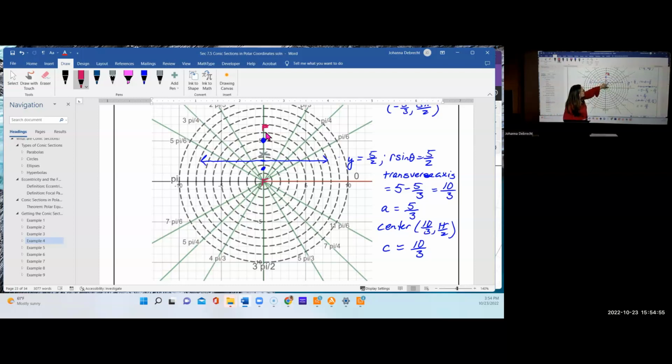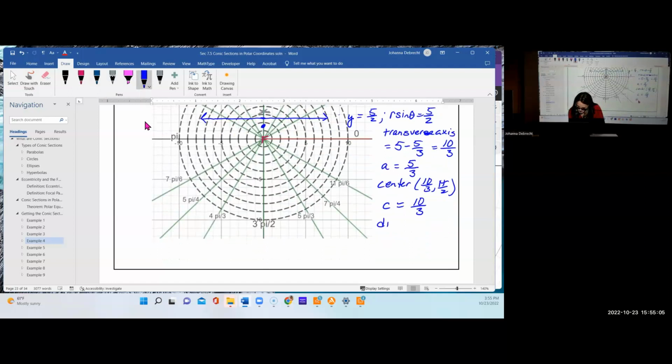So I'm going to use the center. The line is at 5 halves, and the center is at 10 thirds. So the distance between the two for the other directrix line is going to be 10 thirds minus 5 halves, which I need to rewrite both over 6. So that becomes 20 over 6 minus 15 over 6, which is 5 over 6.